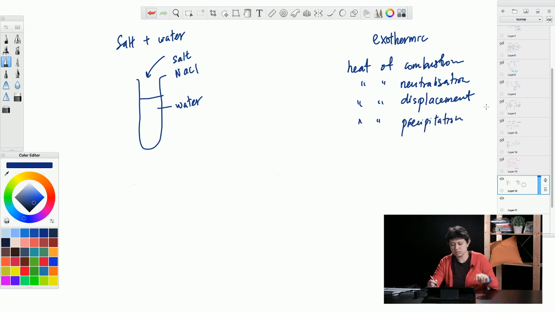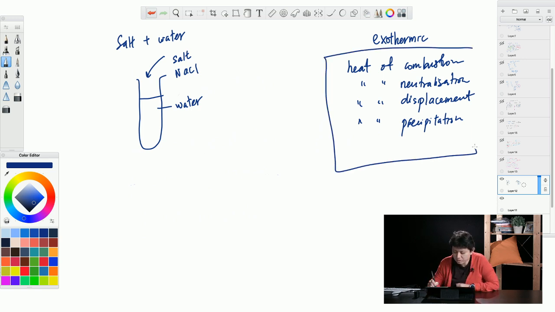Okay, haba pemendakan. All of this that we learn to count are all exothermic because heat is released to the surroundings and therefore the energy change is negative.